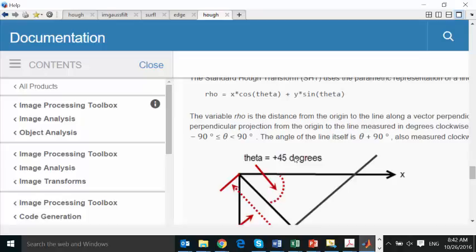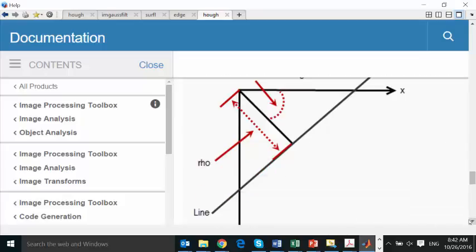But here the axes are to be located in this way, okay? Where the x-axis is in the normal direction that we are used to, but the y-axis, its direction of increase is downwards. And here in this case, the origin is the top left corner of the image, okay? And this is the direction of the positive theta. It will be in this case in the clockwise direction, okay?